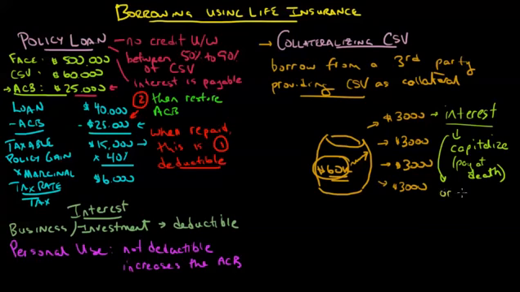Or you can service that debt and pay the interest off every year, which means you would only have the lump sum amounts owing here. Those are two different ways to do this, and it just depends what you're trying to achieve.